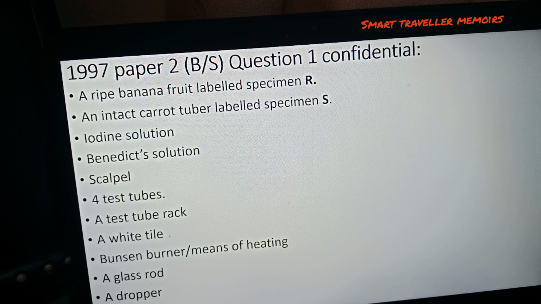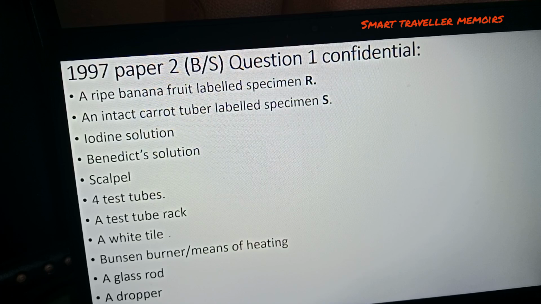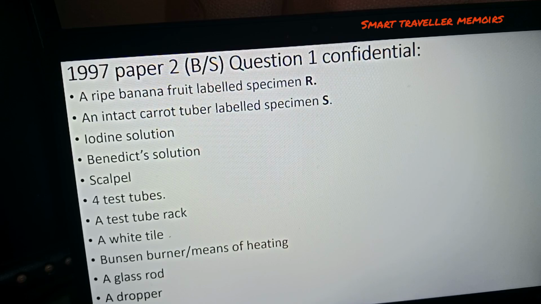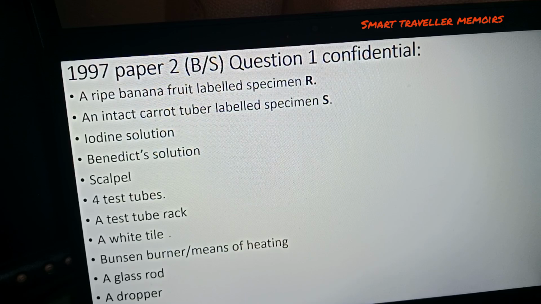In question 1, you needed a ripe banana fruit labeled specimen R, an intact carrot tuber labeled specimen S, iodine solution, Benedict solution, scalpel, 4 test tubes, a test tube block, a white tile, Bunsen burner or means of heating, a glass rod, and a dropper.